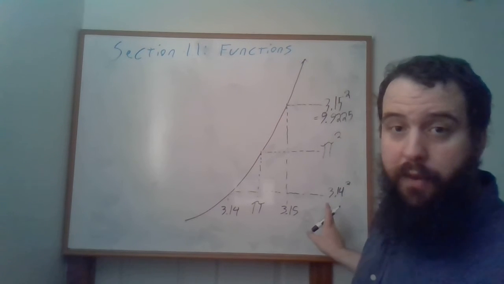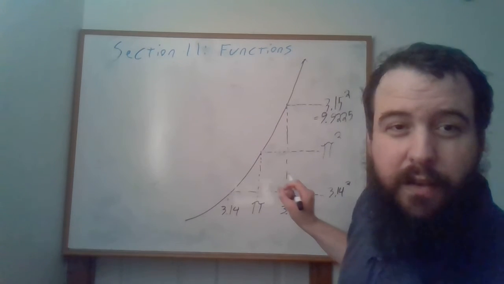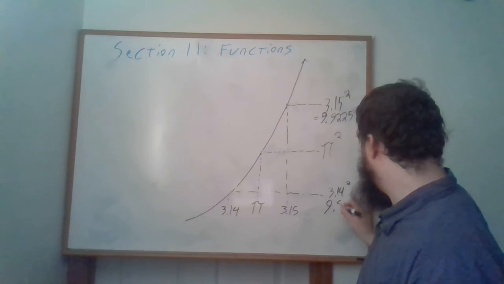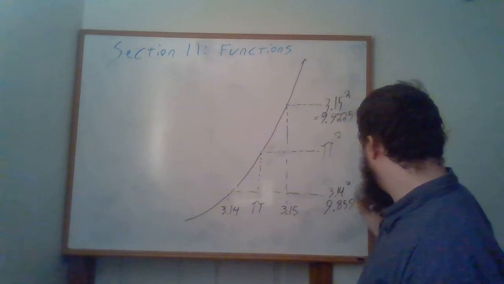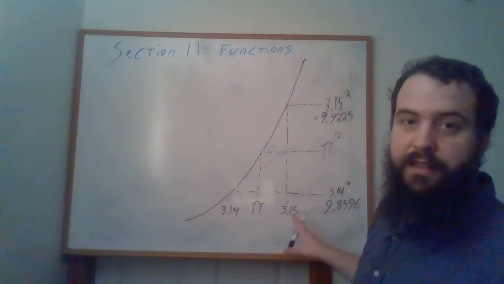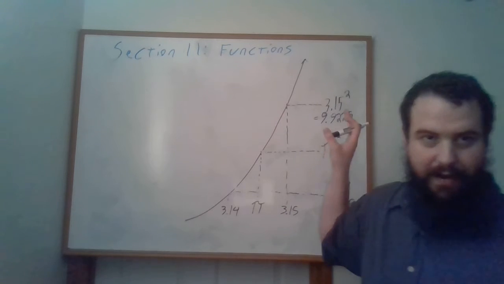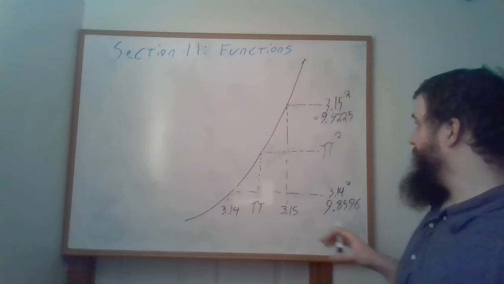And this 3.14 squared is 9.8596. And these are exact. These decimals don't go on forever. These decimals are exact for these things.